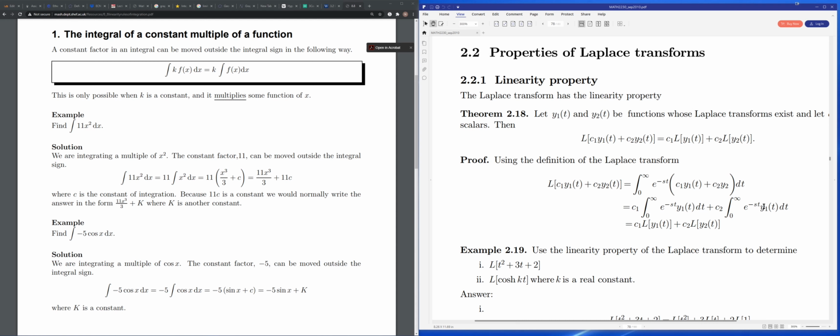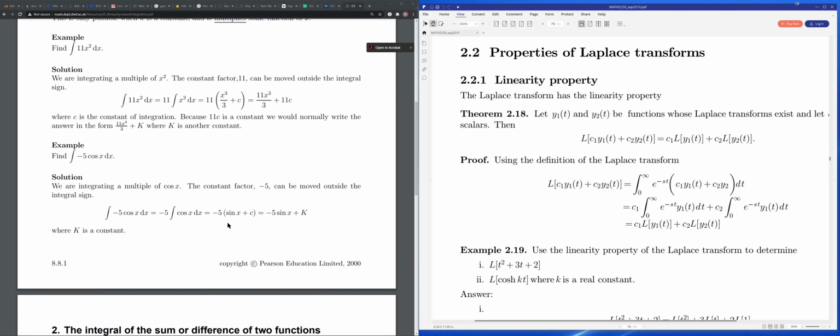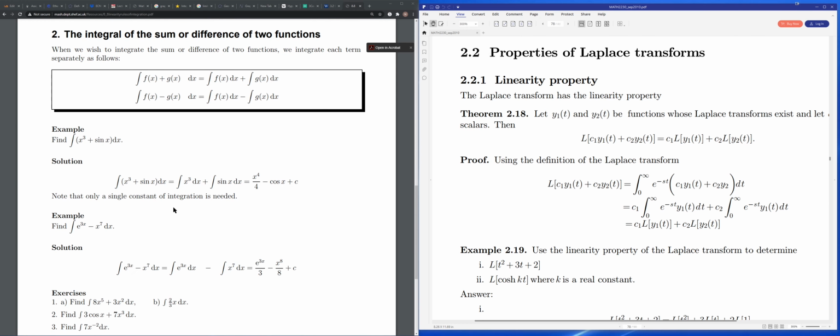So there should be a 2 over here. Notice that what you're doing to break this up is the linearity property of integrals. Granted, this is an improper integral, but it's the same idea as the fact that for an integral you can break up a sum.